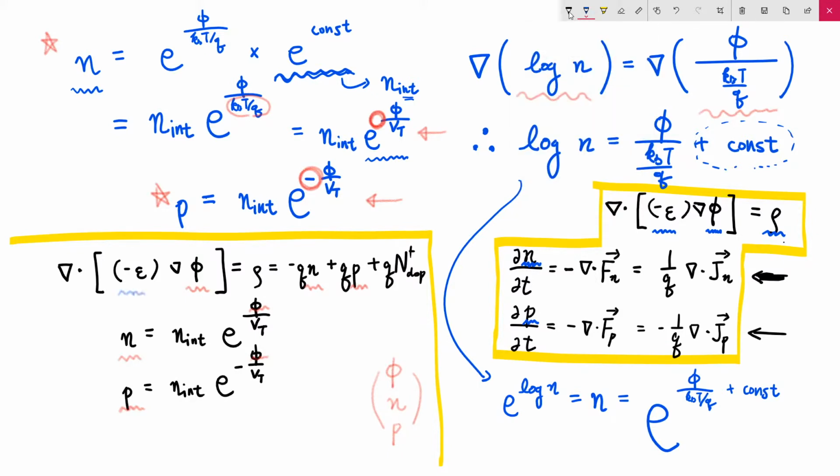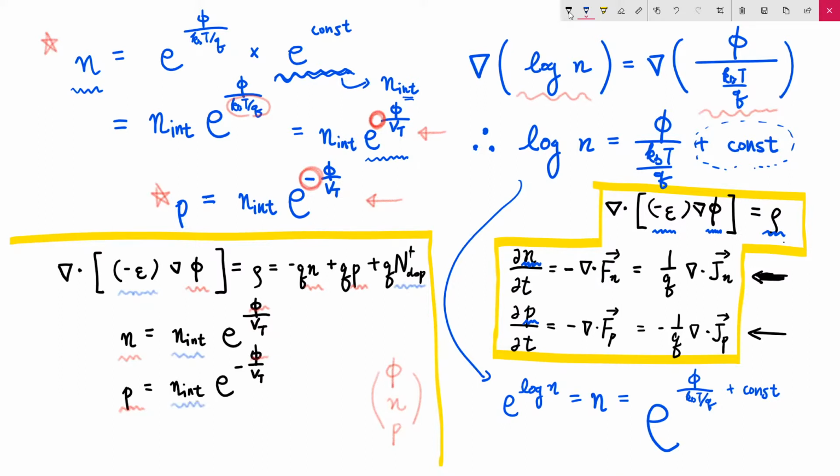And how about the other ones? This guy is a given parameter, and of course minus q is a given parameter, or universal constant. And here the doping density is also a given parameter, and the intrinsic carrier density is also a given parameter.